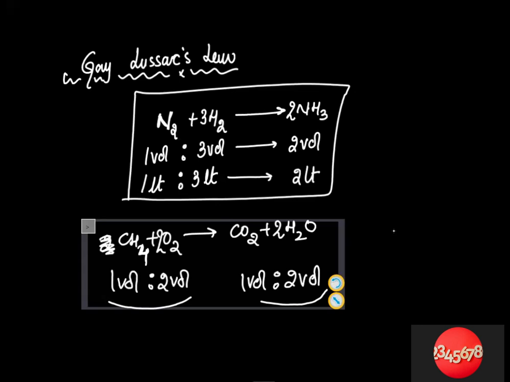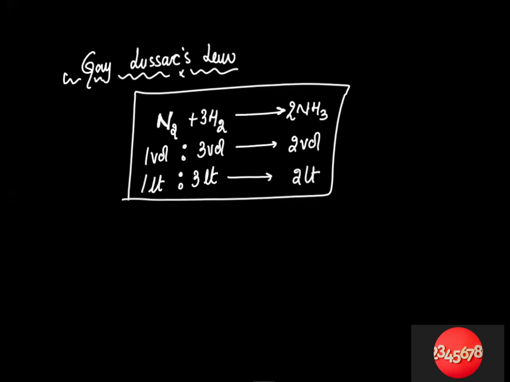So Lussac said when gases react they do so in volumes, which bears a simple whole number ratio to each other and to the product, provided temperature and pressure remain constant.